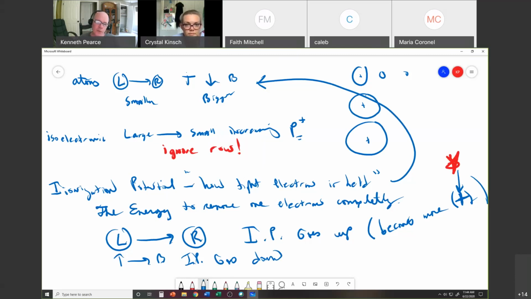Okay. So the IP generally goes up as you go left to right, and it generally goes down as you go top to bottom. And it follows the same sort of trend of atoms getting smaller, atoms getting bigger. It's the same sort of thing. It's how much you're holding on. Okay. All right. So that's ionization potential.